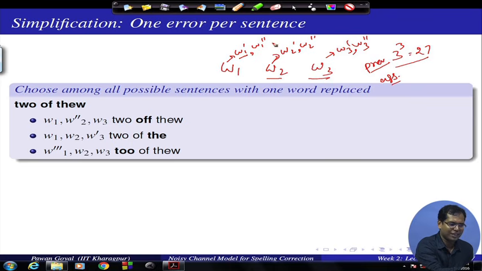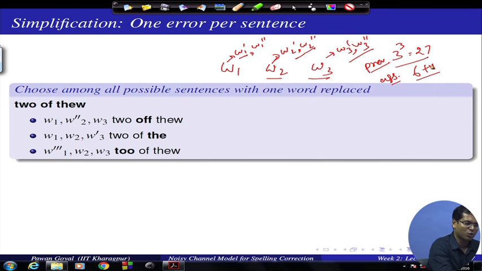So how many candidates will be there? I'll have 2 possibilities here, 2 possibilities here, and 2 possibilities here. So there would be at most 6 plus 1, if you are taking the one where the original sentence might have been correct, W1, W2, W3 as it is.